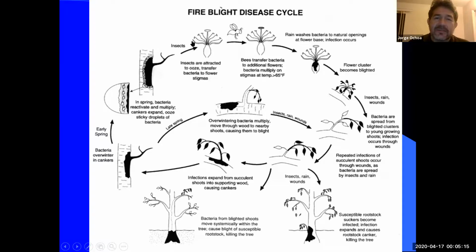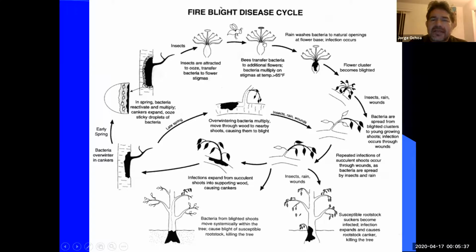And then naturally, the bees are going to go onto flowers. They're going to collect the pollen and the nectar, and inevitably, the bees are going to put their foot on the nectar, which is a sugary water that is perfect for bacteria to begin to grow. And then that's how the plant's going to be infected.